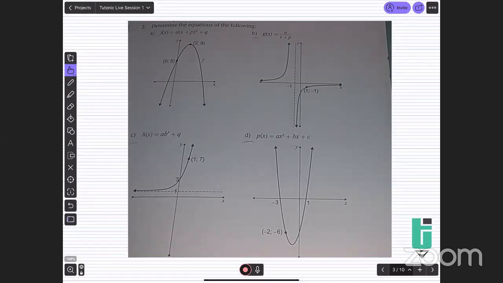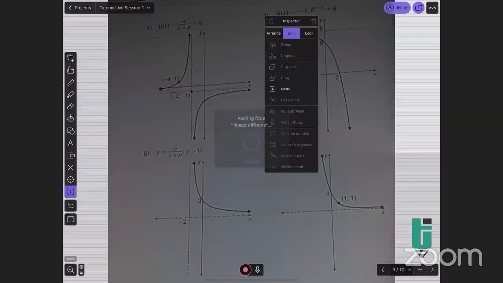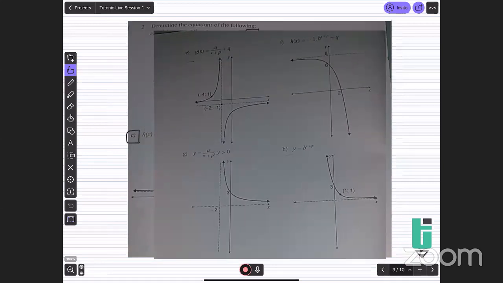I highlighted B and C. And in the other one, there were 2 pictures. It was only E and H, but surprisingly I was able to determine the equations of others. Since the functions are different, I was able to do some, but some I did not. No, it's okay.